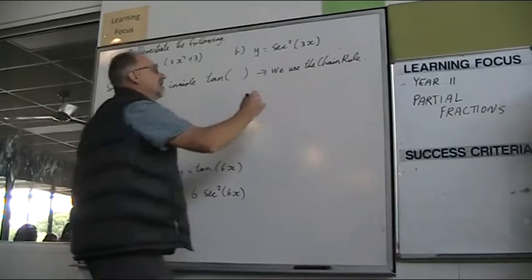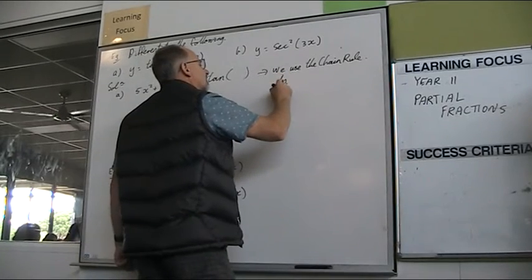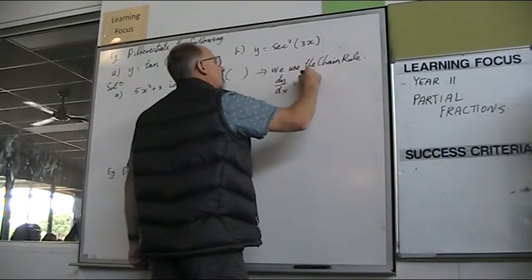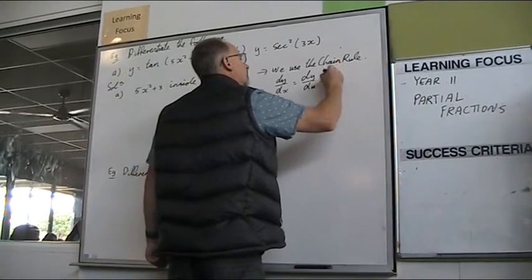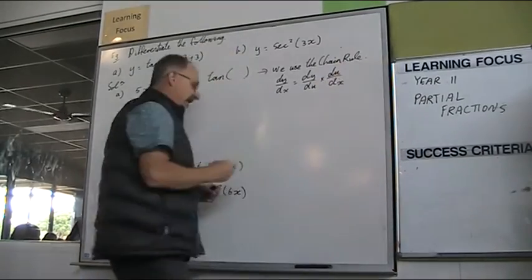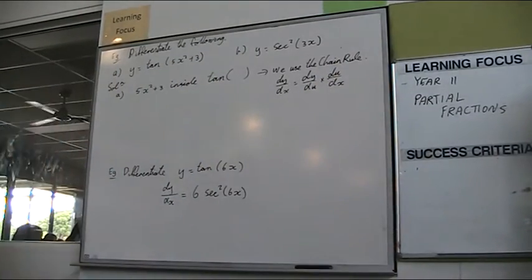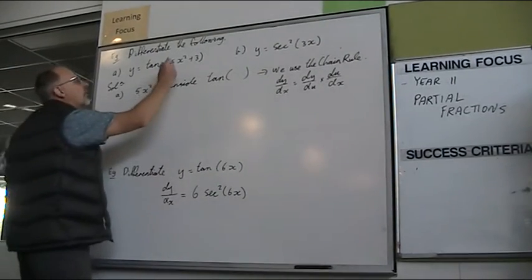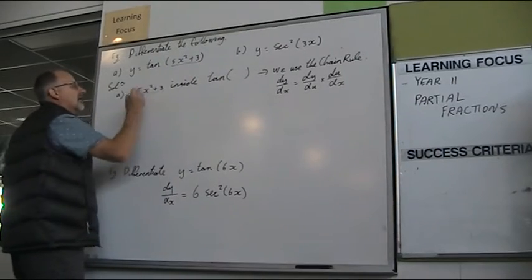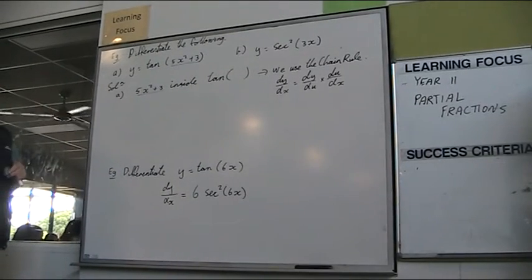Alright, the chain rule is dy/dx is dy/du times du/dx. And then we've just got to decide what it is we're going to make our u, and it's always the thing that's inside.